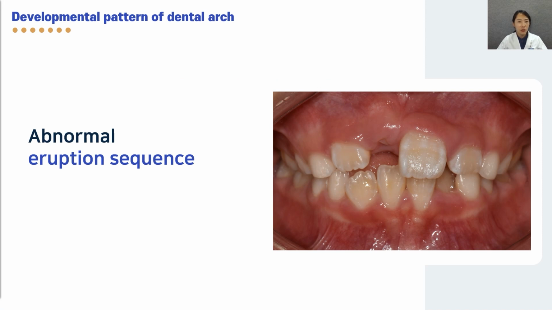This patient was 8 years old and the maxillary right central incisor didn't erupt, while the left central incisor and right lateral incisor had already erupted. The eruption space for the right central incisor was decreased.